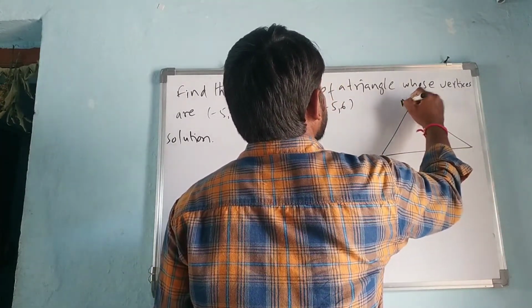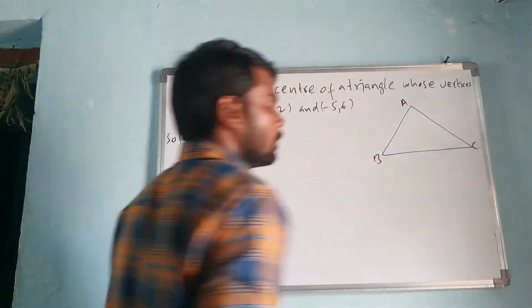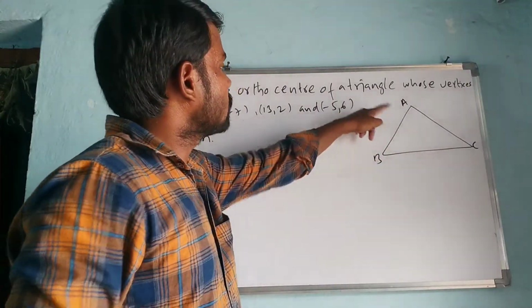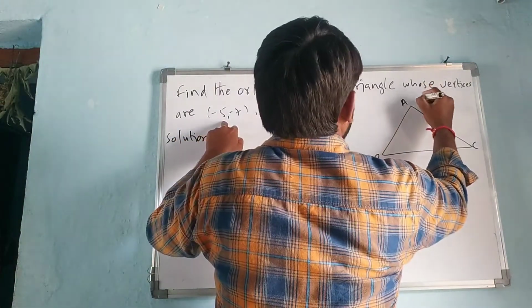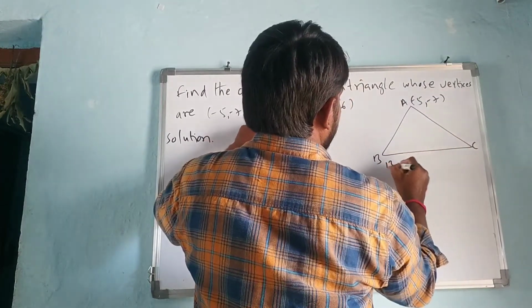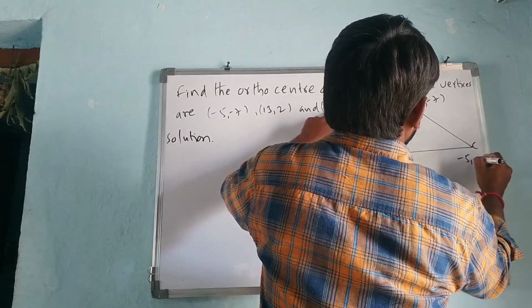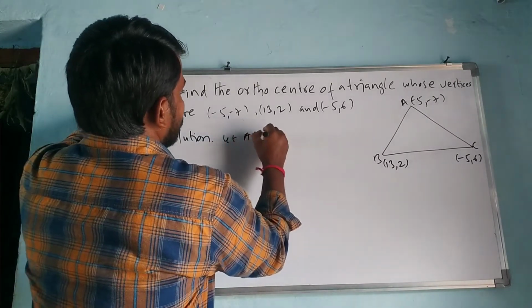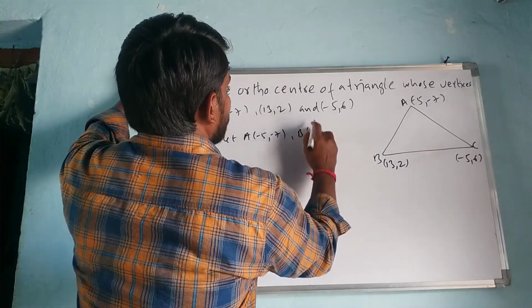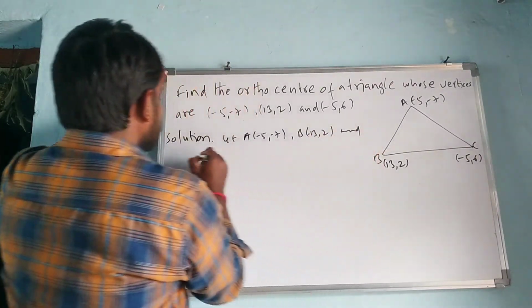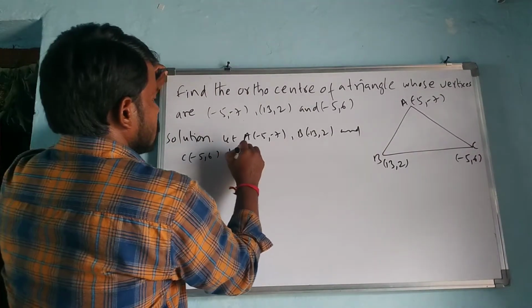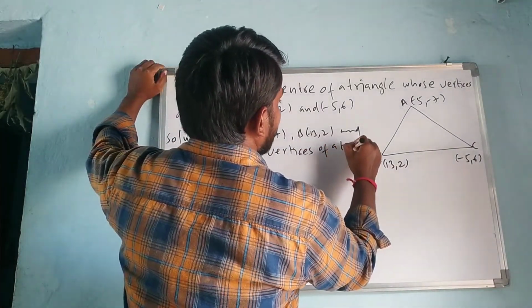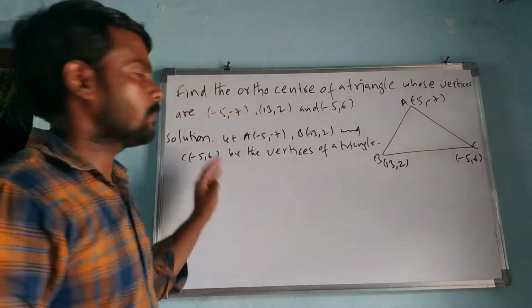Let us assume triangle ABC. Let A be (-5, -7), B (13, 2) and C (-5, 6) be the vertices of a triangle. This is given.